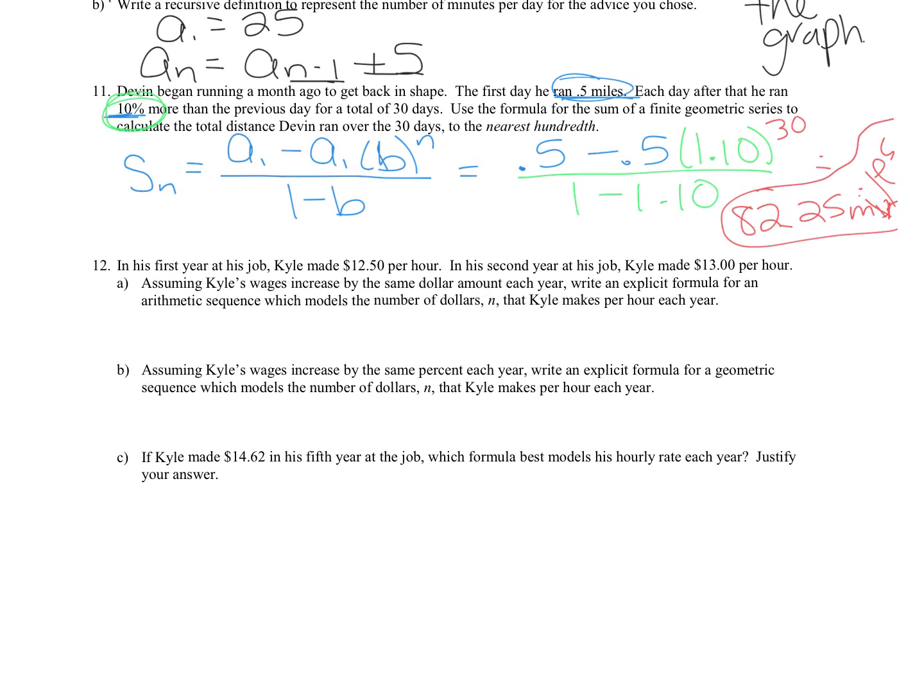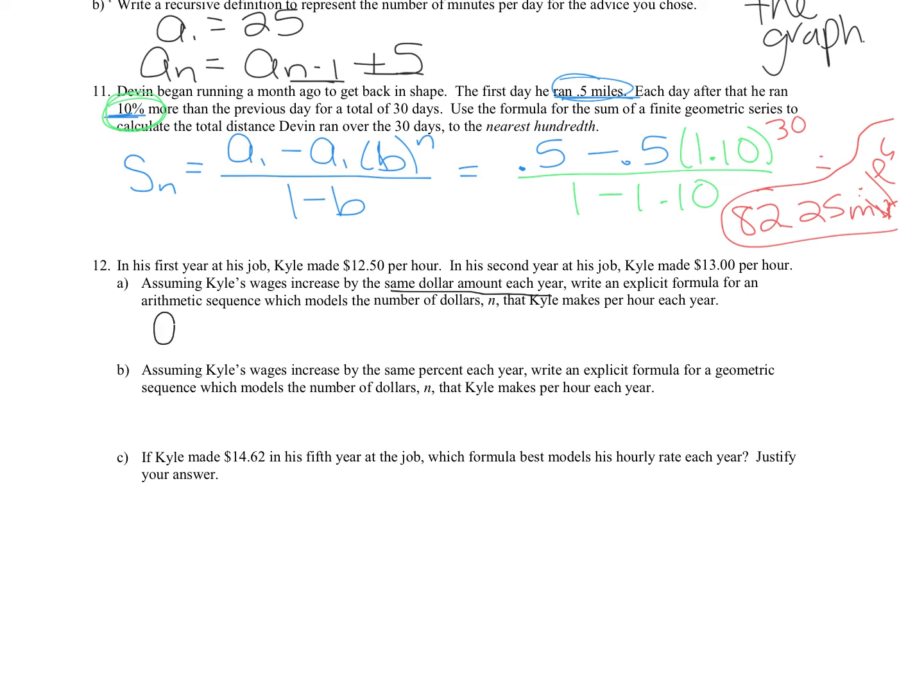Number 12 says, in his first year at his job, Kyle made $12.50 per hour. In his second year at his job, Kyle made $13 per hour. Assuming Kyle's wages increase by the same dollar amount each year, write an explicit formula for an arithmetic sequence which models the number of dollars n that Kyle makes per hour each year. So we're assuming a linear arithmetic pattern first. It's the same dollar amount.